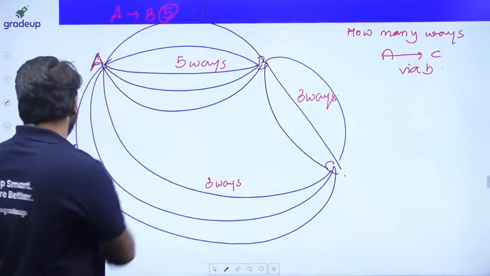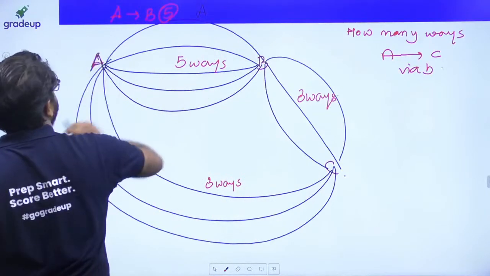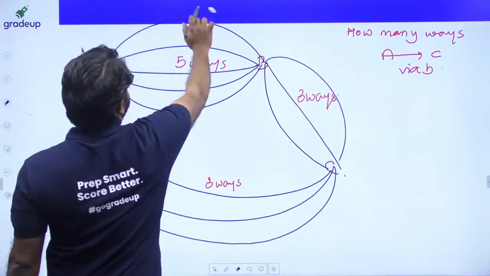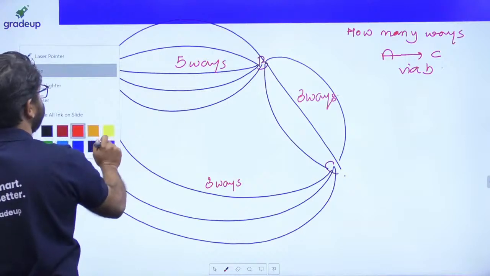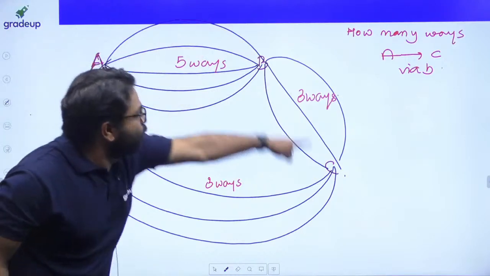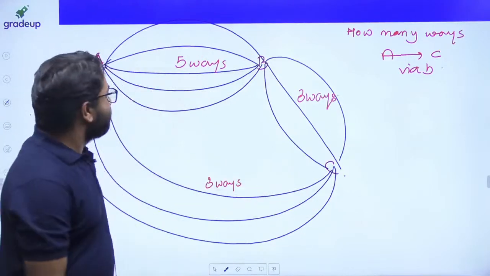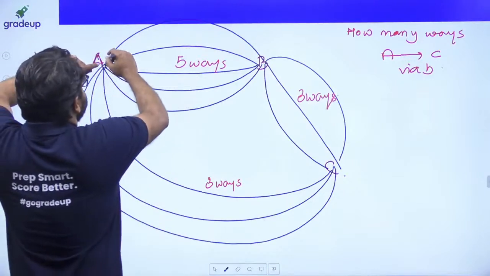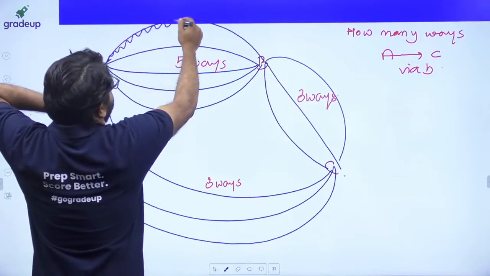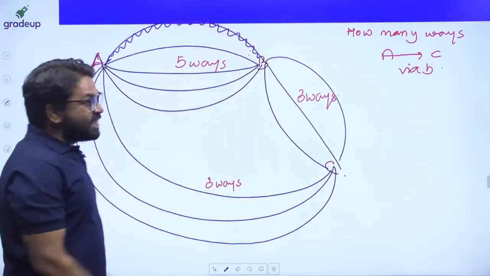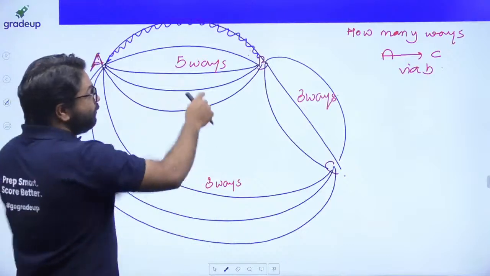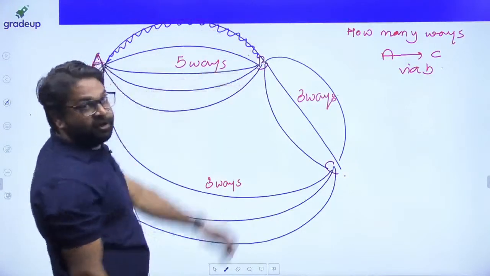Now what is happening? Please try to understand. If you can understand this particular concept, then everything will be clear. Believe me, everything will be clear. Suppose I take this particular route, then for this route again there are 3 different routes. Simultaneously things are happening. For the first route, there are 3 different routes.